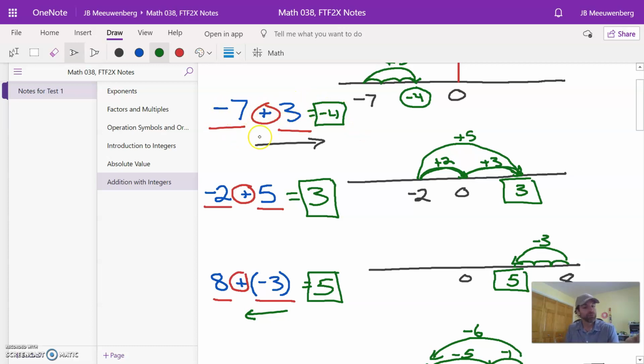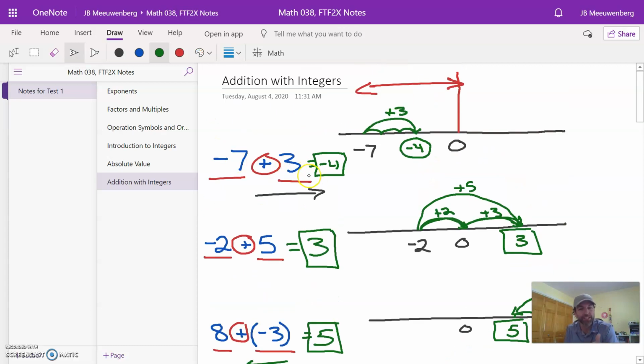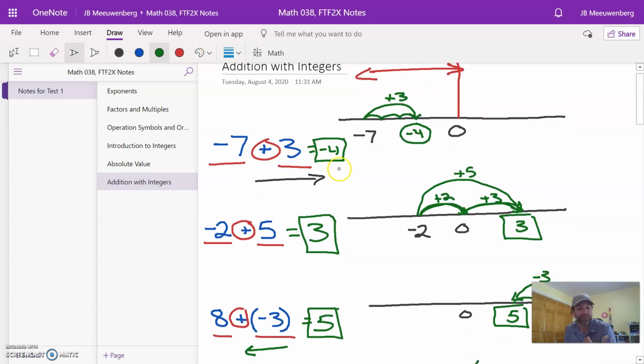When we're adding the 2 numbers and the signs are different, right, negative and positive, what happens is, to get the answer, you're actually subtracting the 2 numbers and taking the sign of whichever one was bigger. And when I say bigger, what I really mean is like the absolute value, right? 7 is bigger than 3. It was the negative number, so our answer is negative. We had a higher value in the negatives than we did the positives, so our answer ended up negative.